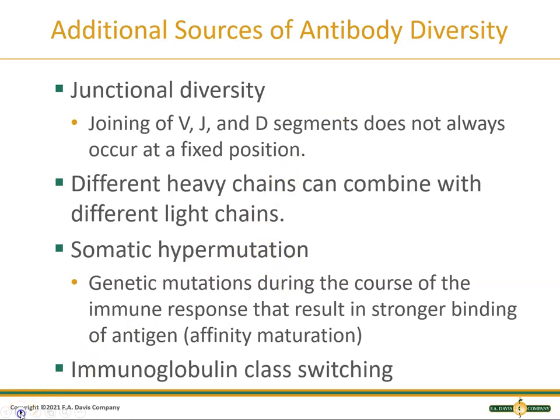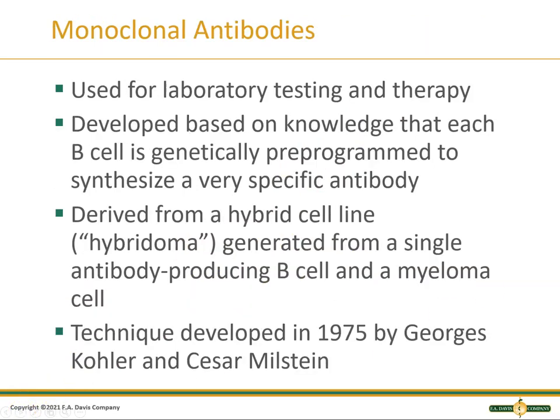destroy, the immune response. So a lot of times in the laboratory, what we use is monoclonal antibodies. Monoclonal antibodies are used to help us do very specific testing. They are actually based on how B cells can genetically pre-program themselves for a specific antibody.